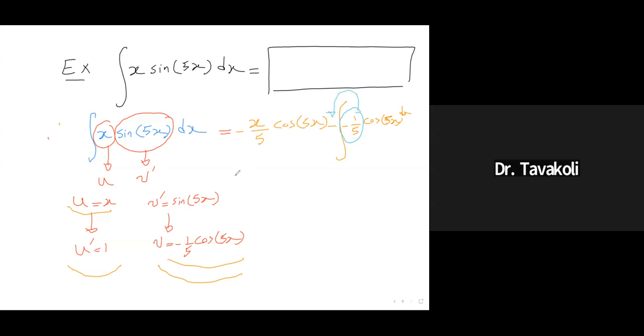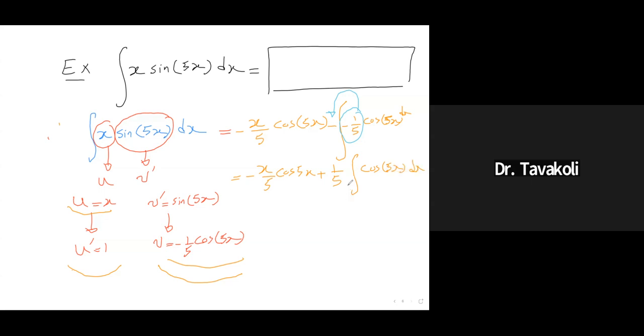We get minus x over 5 cosine of 5x plus 1/5. Negative 1 times minus 1/5 makes a plus 1/5. Integral of cosine of 5x dx.